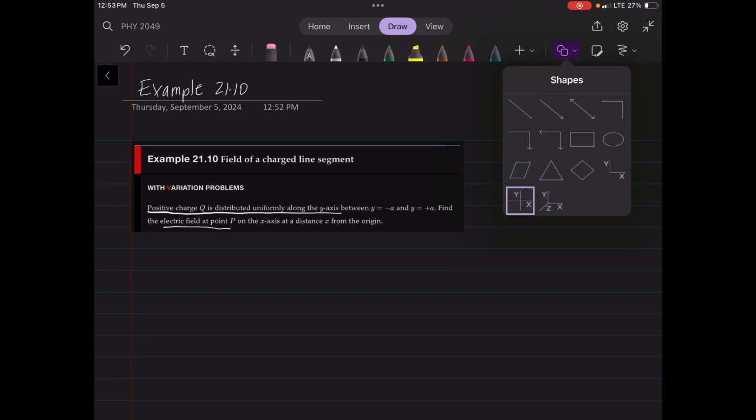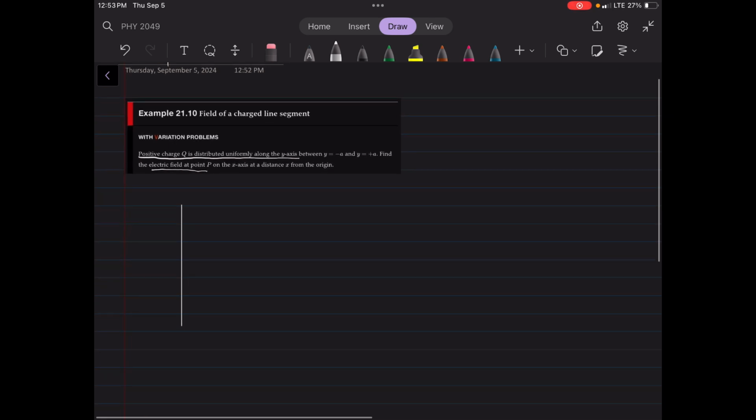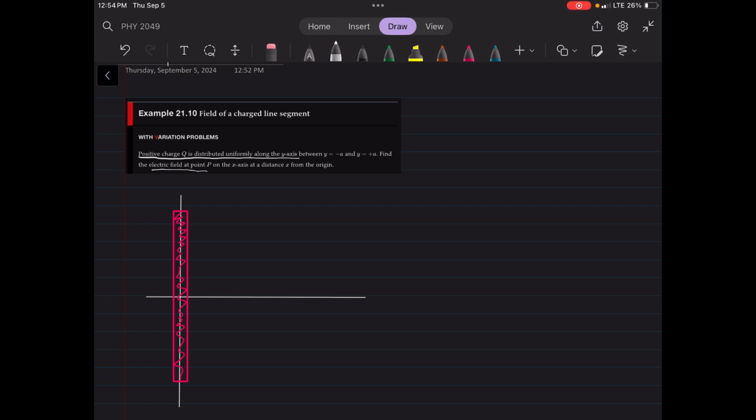I'm going to make that a little bigger. Our charge distribution exists on the y-axis between positive A and negative A, giving it a total length of 2A.